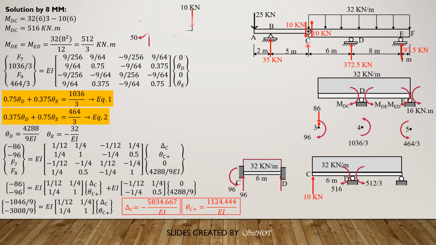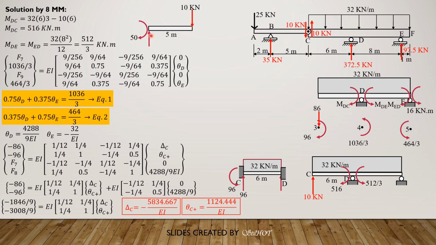Then we consider BC. So this is BC. Remember, we have a load here, 10. There's no load in between. Then the moment here at B just to the left is 50. 25 times 2 is 50, and it should be clockwise so that it opposes the moment due to the 25 kilonewton load.